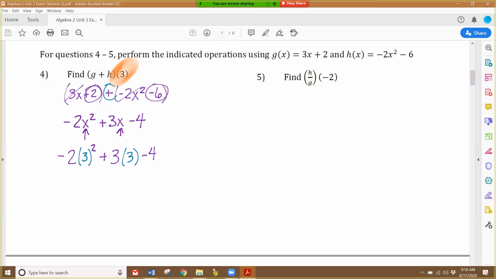Then we just want to simplify. So 3 squared, got to deal with this first. 3 squared means 3 times 3, which is 9. 9 times the negative 2 that sits out front is negative 18. Plus 3 times 3 is 9 minus 4. So negative 18 plus 9 minus 4 gives you negative 13 as your final answer.